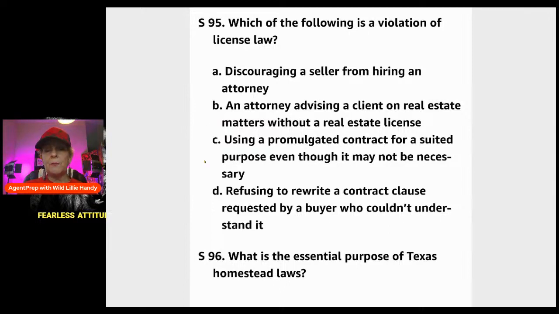C, using a promulgated contract for a suited purpose, even though it may not be necessary. D, refusing to rewrite a contract clause requested by a buyer who couldn't understand it. Which one is a violation of license law? Let's make sure we read the answers carefully.